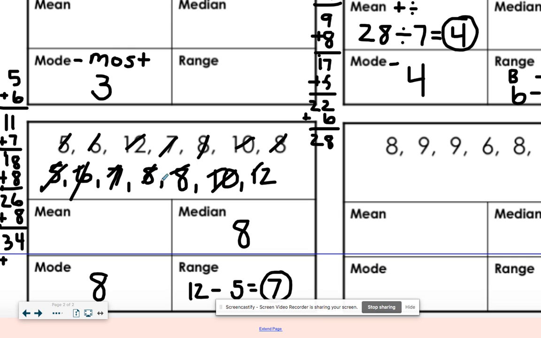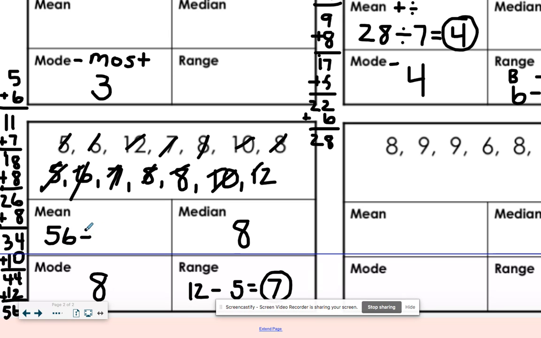After that 8, we're adding a 10. I hope you're checking your math as you go. And the last one we're adding is our 12. So we ended up getting 56 when we added all of the numbers together.